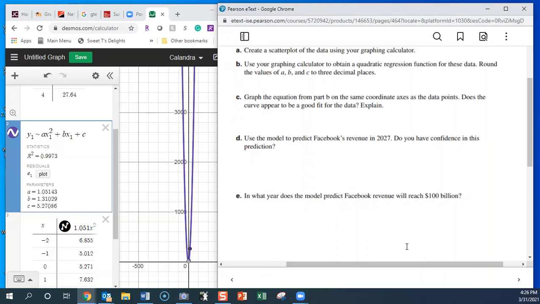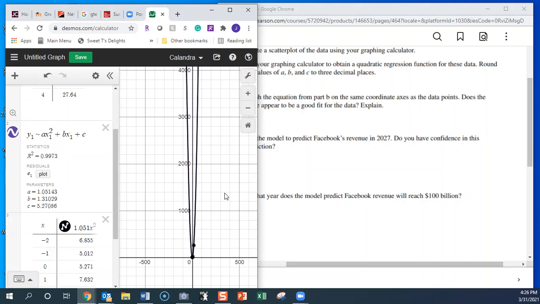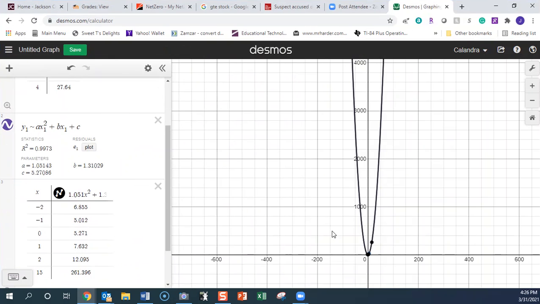It says, in what year does the model predict Facebook revenue will reach 100 billion? So there's a couple ways we could do this. This is basically asking us when y would equal 100 billion. So we could go right here to the calculator and we can move along this line here until we get to where y is equal to 100, or very, very close.